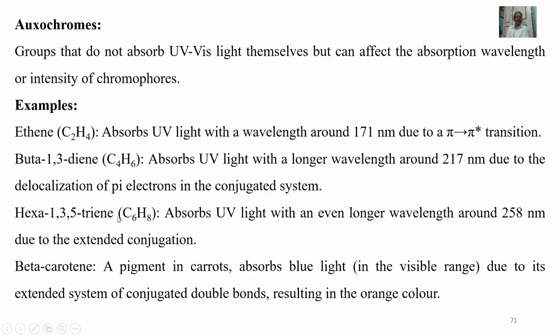Hexa-1,3,5-triene absorbs UV light with an even longer wavelength, around 258 nanometer, due to the extended conjugation. Beta-carotene, a pigment in carrots, absorbs blue light in the visible range due to its extended system of conjugated double bonds, resulting in the orange color.